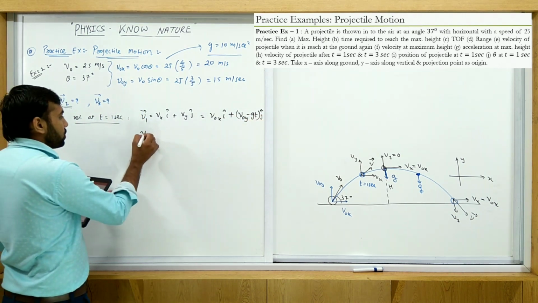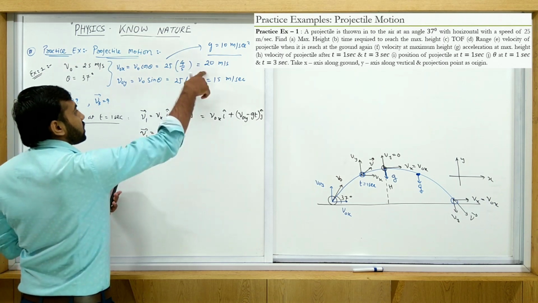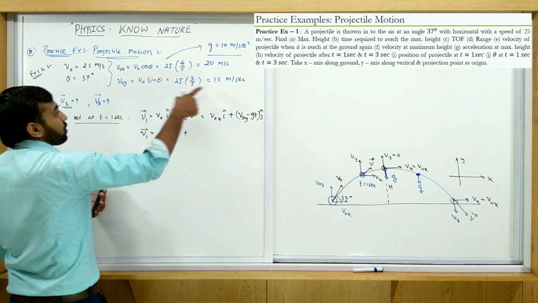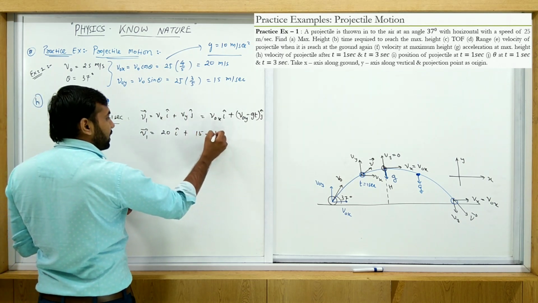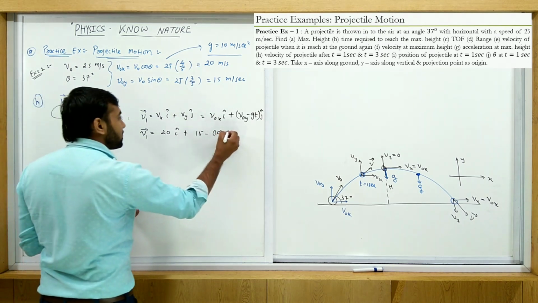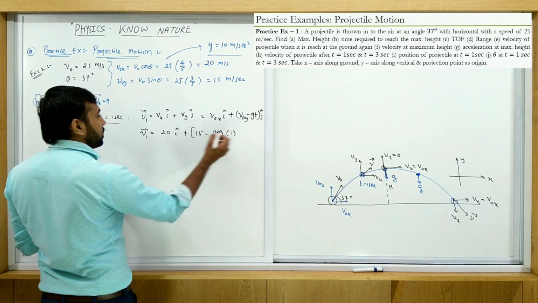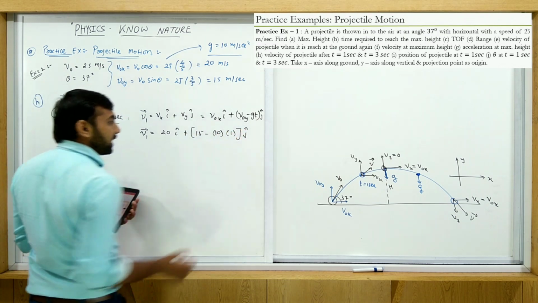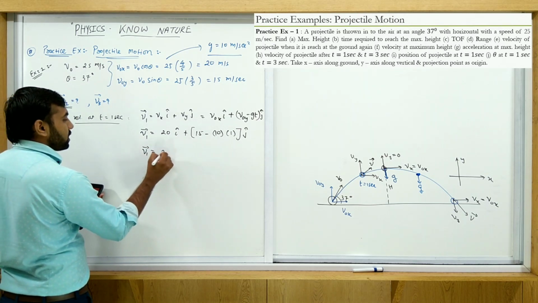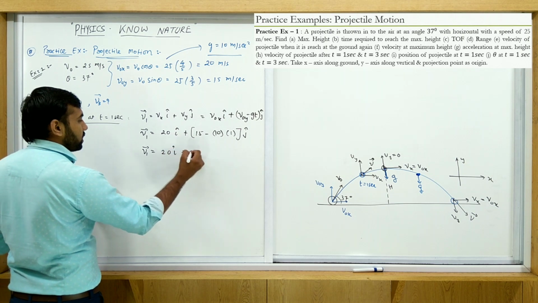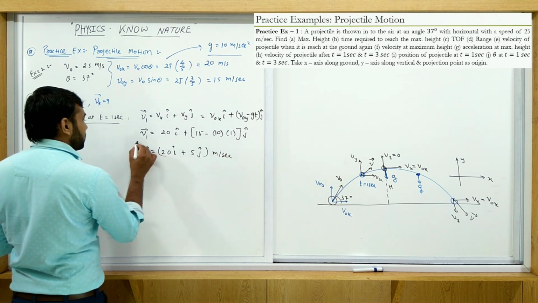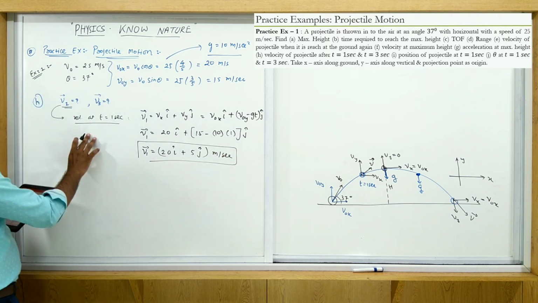Put the values. v naught x is 20, so 20i plus, v naught y is 15, so 15 minus g, which is 10, times t, where the time is 1 second, into j. So what is the answer? 20i, and 15 minus 10 is 5. So v1 is equal to 20i plus 5j meter per second. This is the velocity at t equal to 1 second.